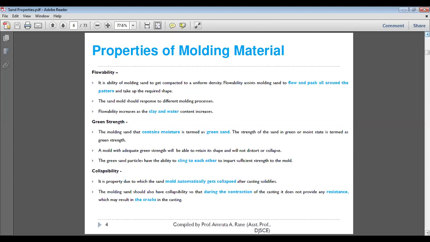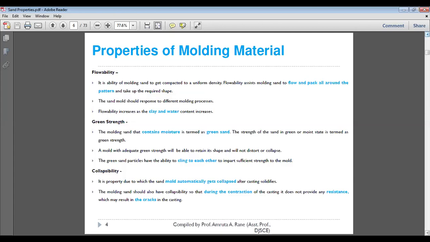So not only should it have good green strength, it must also have good dry strength, so that when the mold is made, it does not break, and after it is dried and molten metal is poured, it should also be able to bear the heat and other parameters of molten metal.